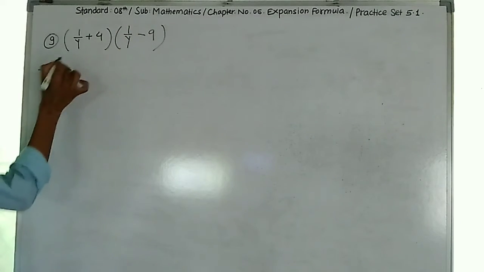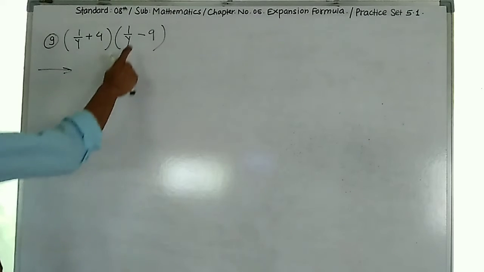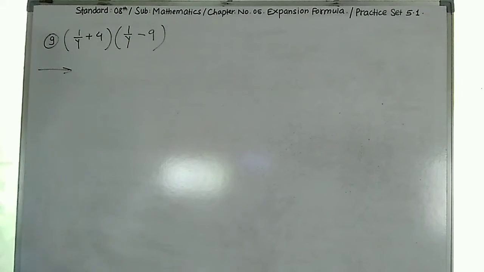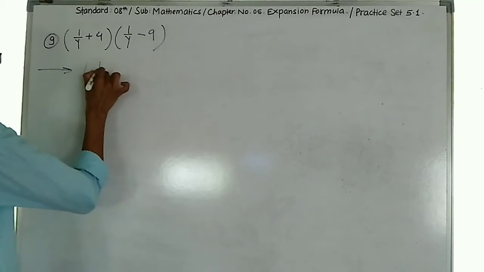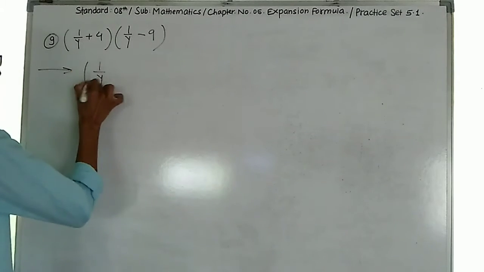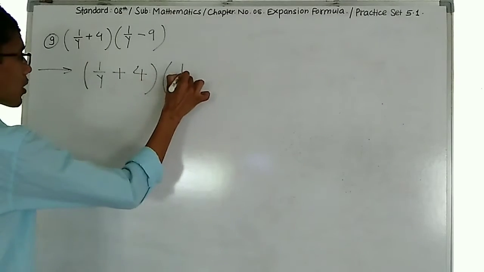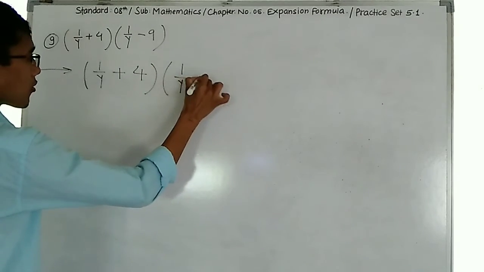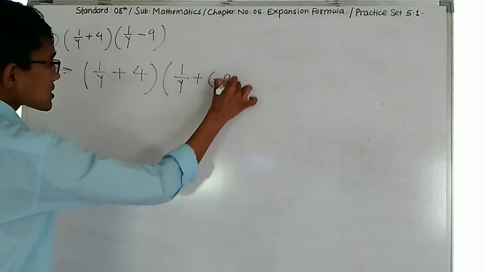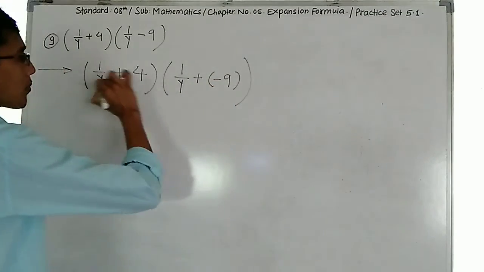Now again here, as you can see, it is a minus sign. What I will do, I will just take the plus sign over there. So how can I take it? (1/y + 4)(1/y + (−9)), bracket complete.